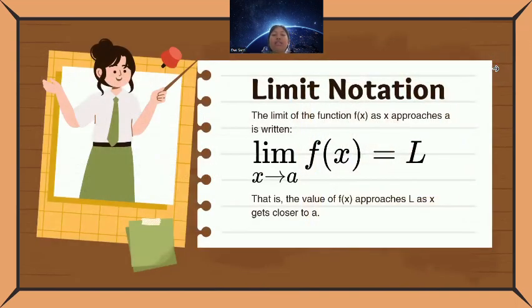Now, let's look at the notation of limit. The limit of a function is written as the limit of f of x as x approaches a equals L. This notation means that as x gets closer to a, the value of f(x) gets closer to L. It is important to remember that x does not have to be exactly equal to a.